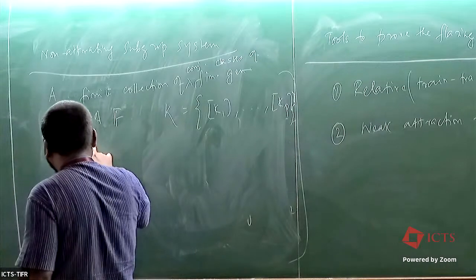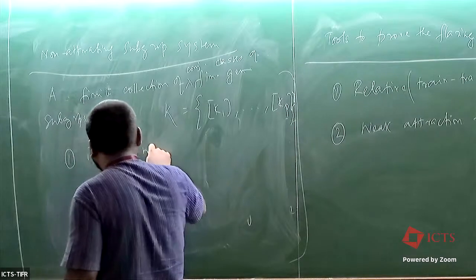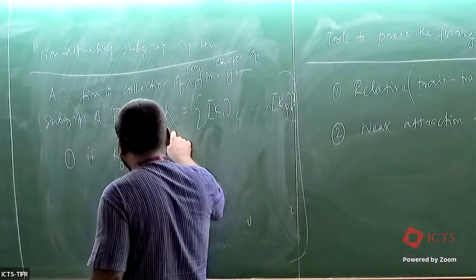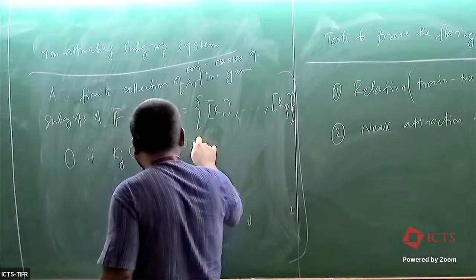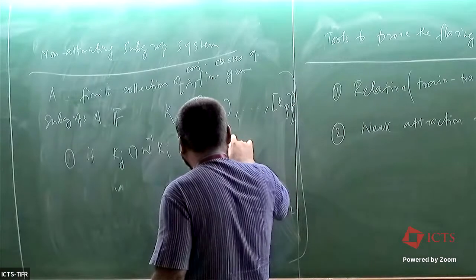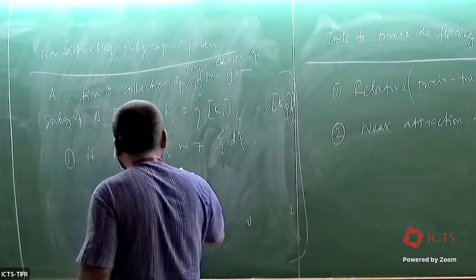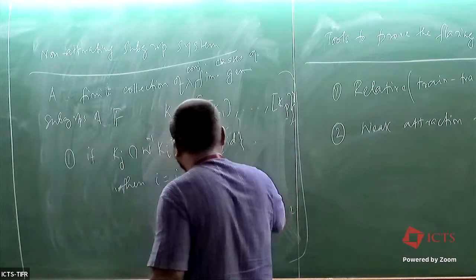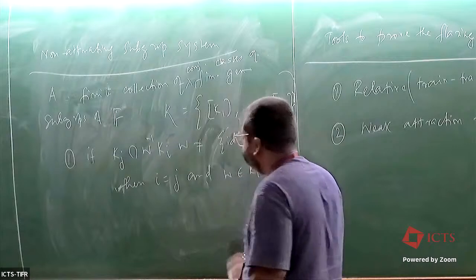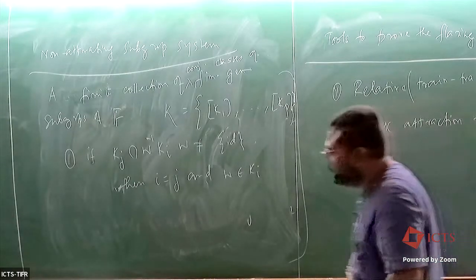One is that if Kj intersection W Ki is non-empty, non-identity, then I equals J and W is in K. This is called a malnormal collection, right? So you pick any two groups, you translate it a little bit at the level of the boundary, they always remain disjoint, right?